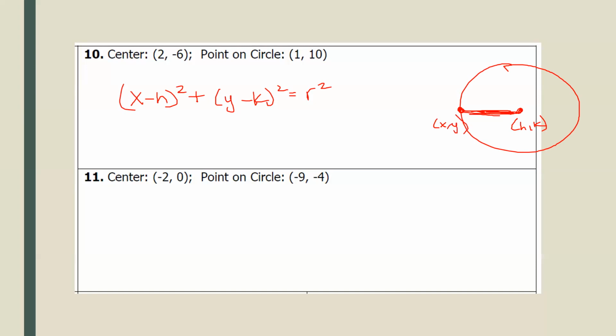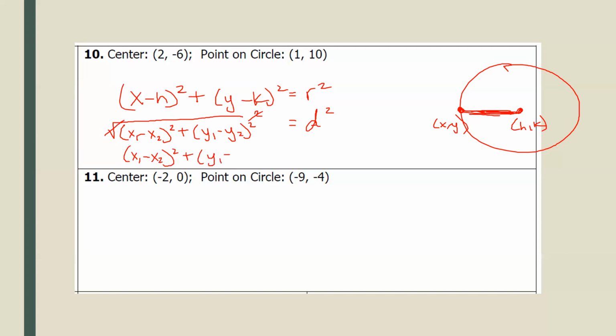Do you remember the distance formula? I'm going to write it slightly differently. I'm going to write it d equals the square root of (x1 minus x2) squared plus (y1 minus y2) squared. How do you get rid of a square root? Oh yeah, you square both sides. So if I do that, now I have (x1 minus x2) squared plus (y1 minus y2) squared equals the distance squared.